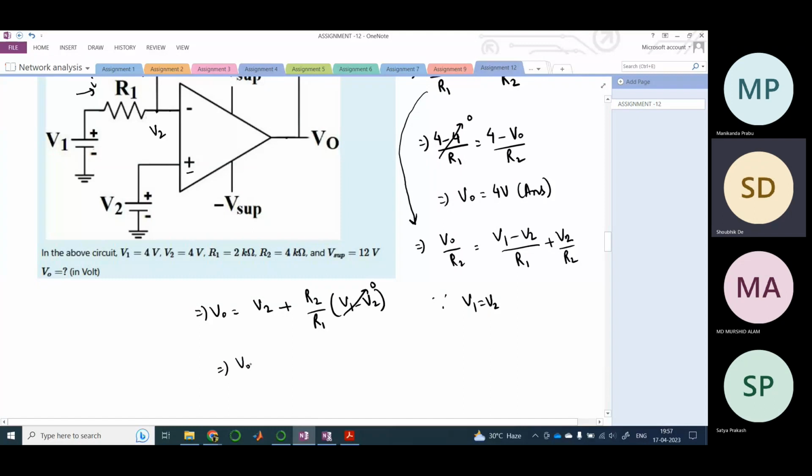Therefore, the input is directly fed into the output. So it's almost like a unity feedback configuration, because of this condition.